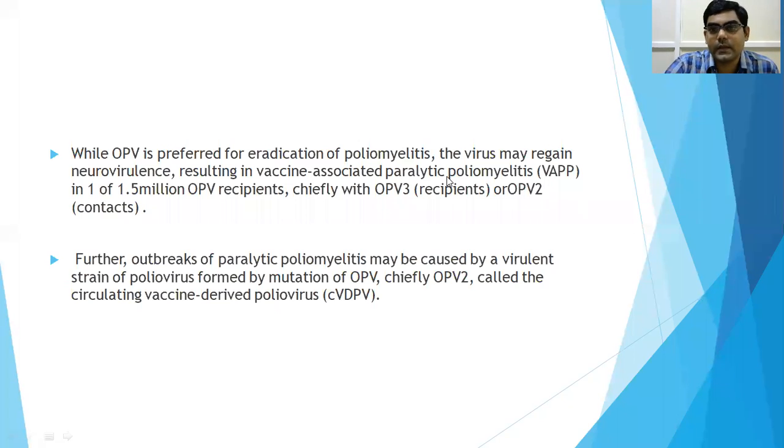And one more: further outbreaks of paralytic poliomyelitis may be caused by a virulent strain of poliovirus formed by the mutation of OPV, chiefly OPV2, called the circulating vaccine-derived poliovirus. So these are the limitations, because even vaccine strains are causing two types of disease: VAPP, vaccine-associated paralytic poliomyelitis, and circulating vaccine-derived poliomyelitis.